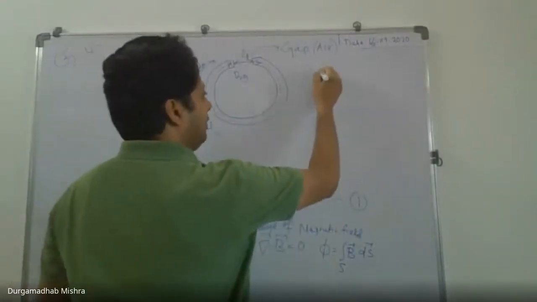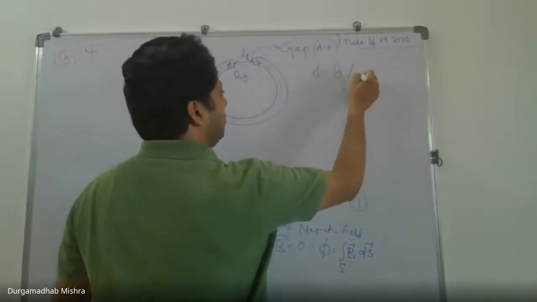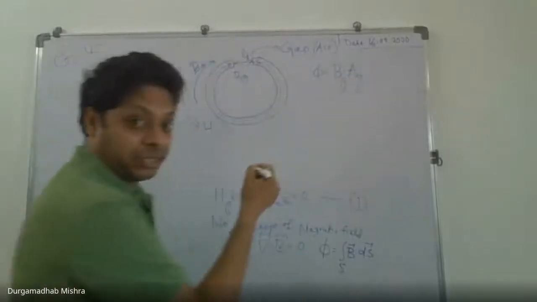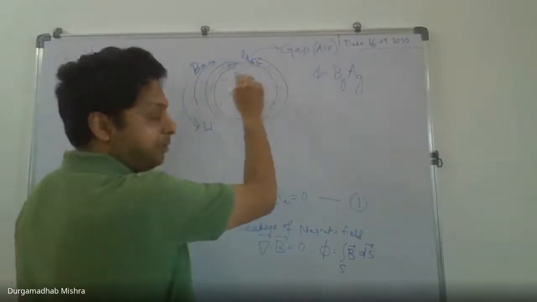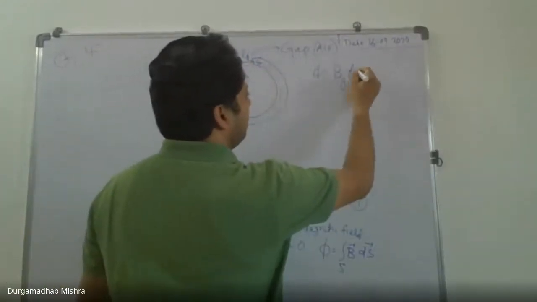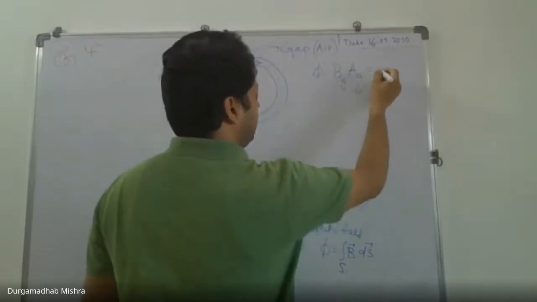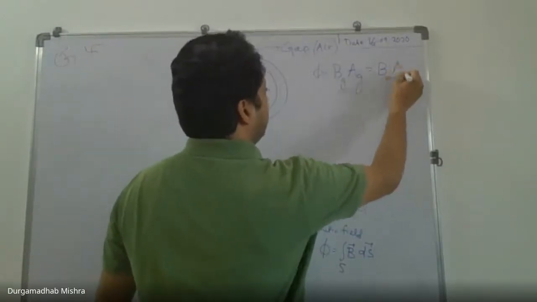The flux will be Bg into Ag, where Ag is the cross-sectional area of the gap, equal to Bm into Am.